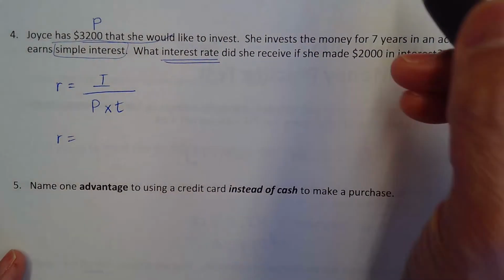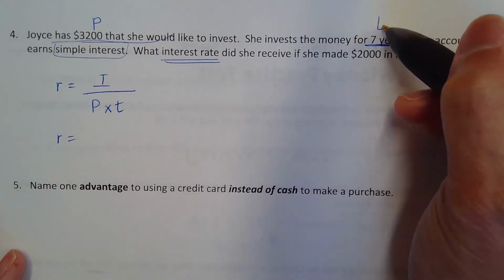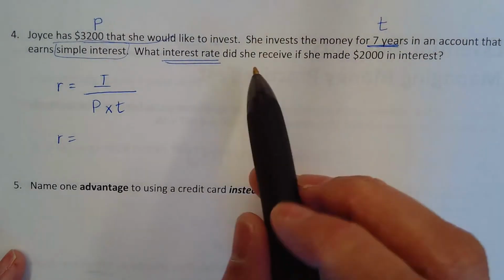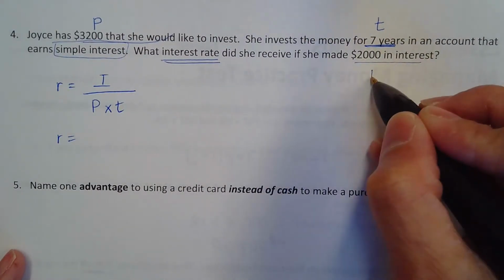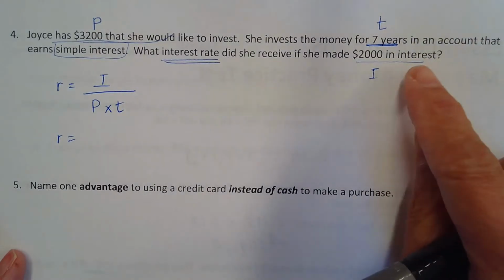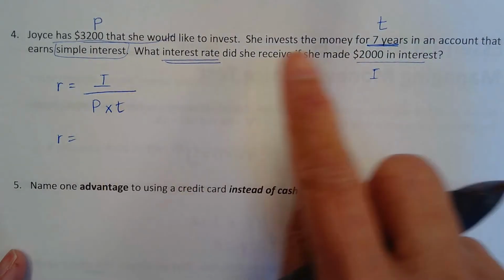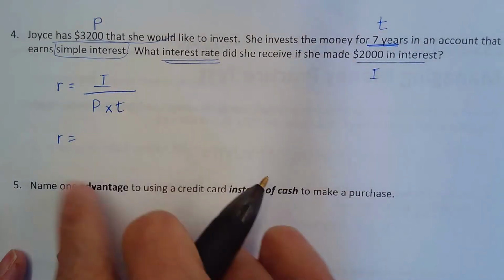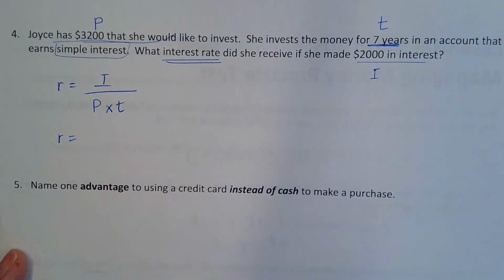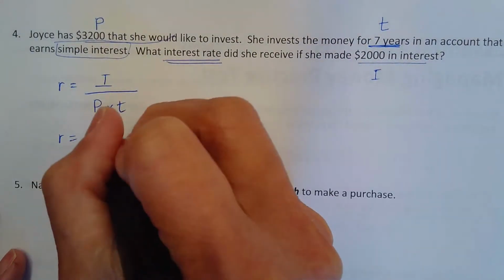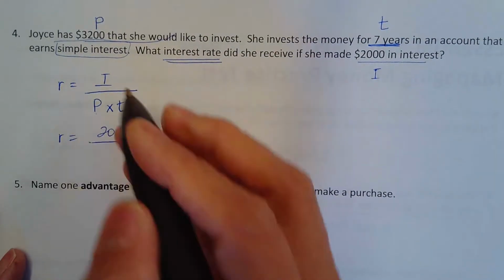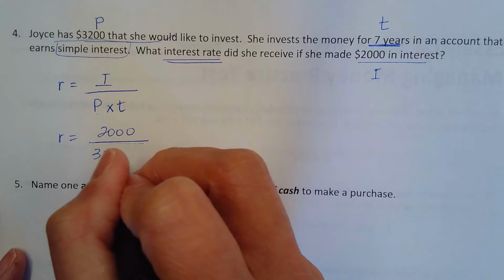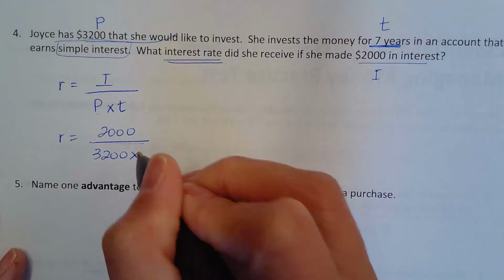She would like to invest it for 7 years, so that's the time. And if she received 2,000 in interest, so that's the I. So we're going to put those values, those ingredients, in this formula. So I is 2,000, divided by P is 3,200, times T is 7.